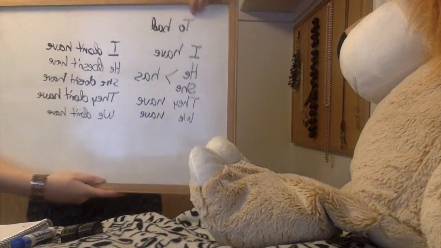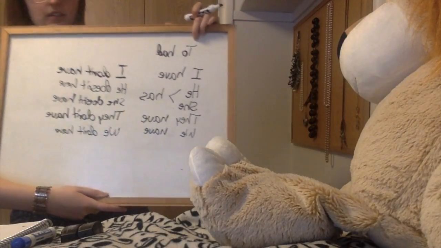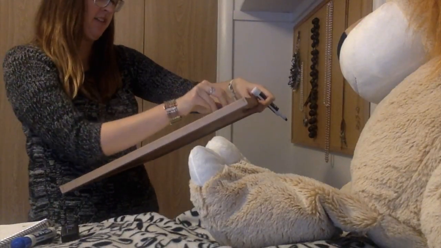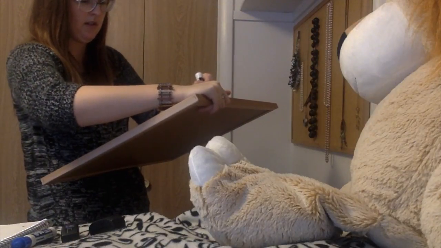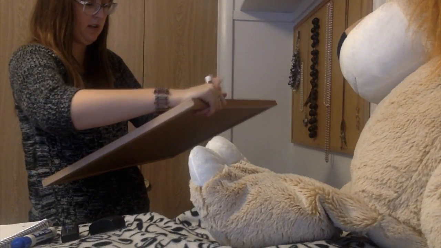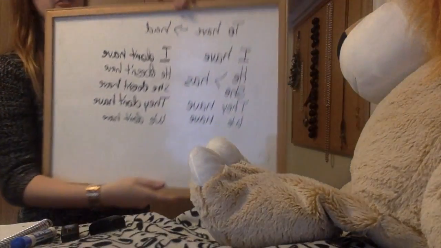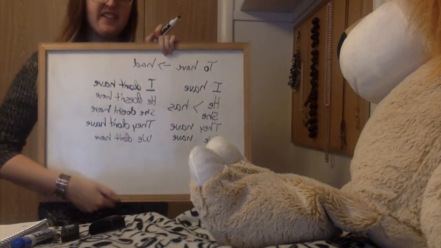Right? So we go from have to had. Or sorry, I didn't even write that correctly. Had. Okay. So to have becomes had. That's very important to notice in this lesson.